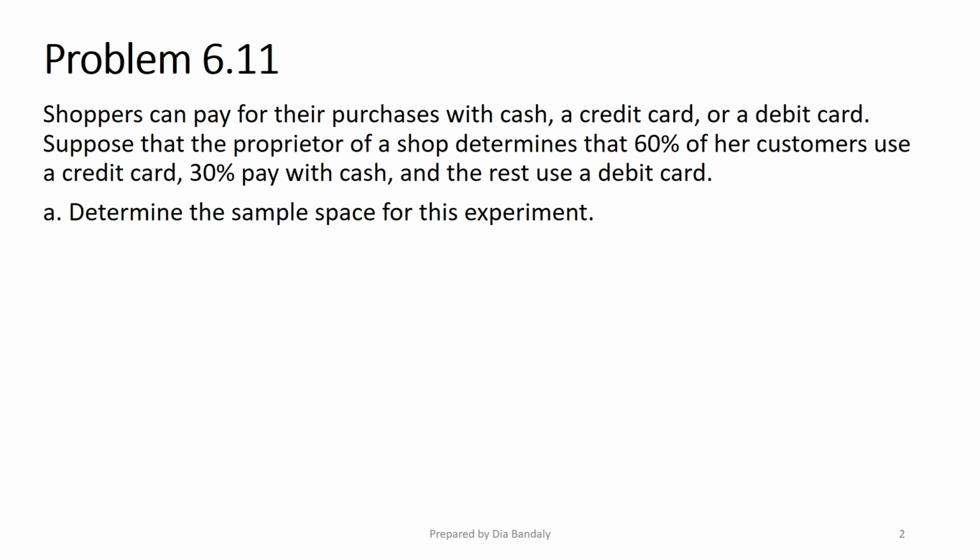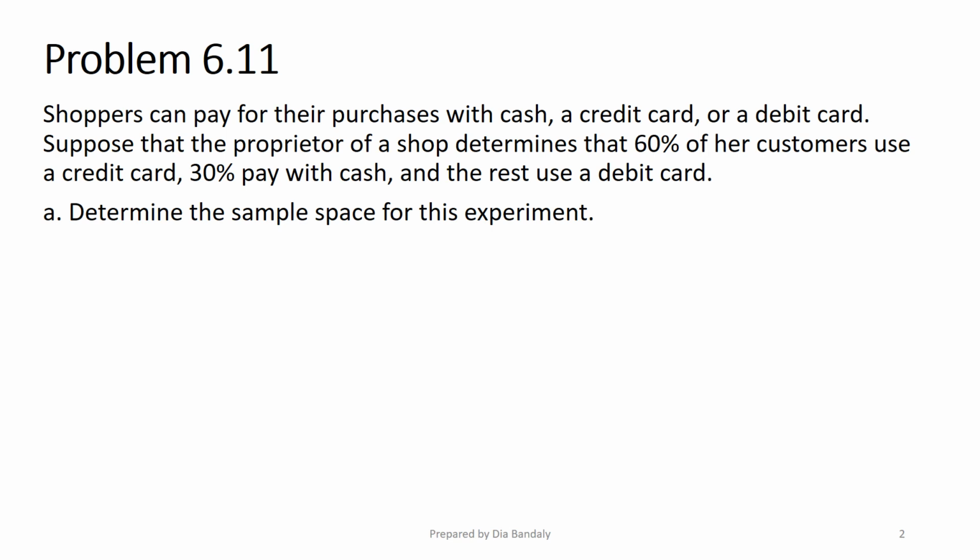All right, so remember what's an experiment. It's any process or an action that we take and we expect different outcomes, or we call them sometimes the events. And the sample space is simply the list of these events. So what do you think? Here we're talking about what's the event. It's the way or our method of payment.